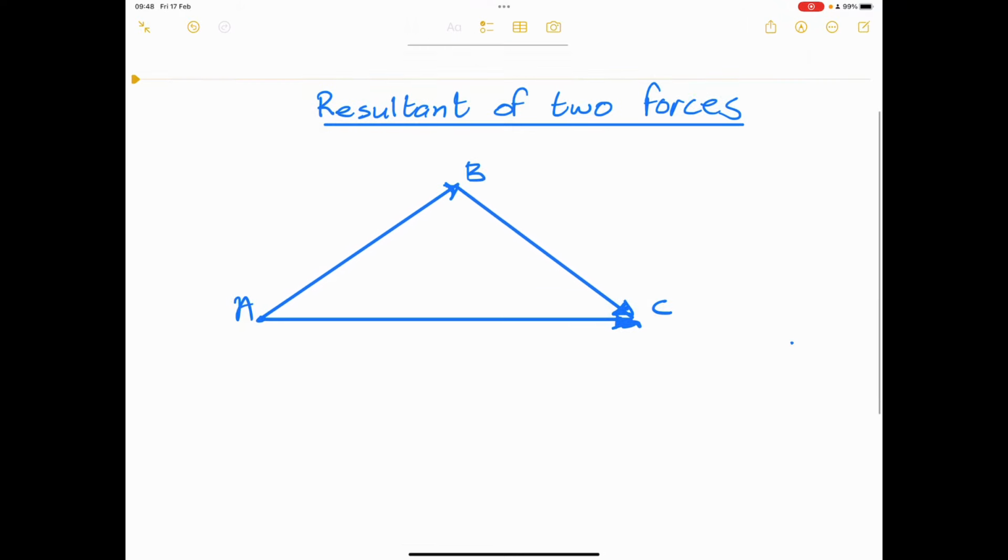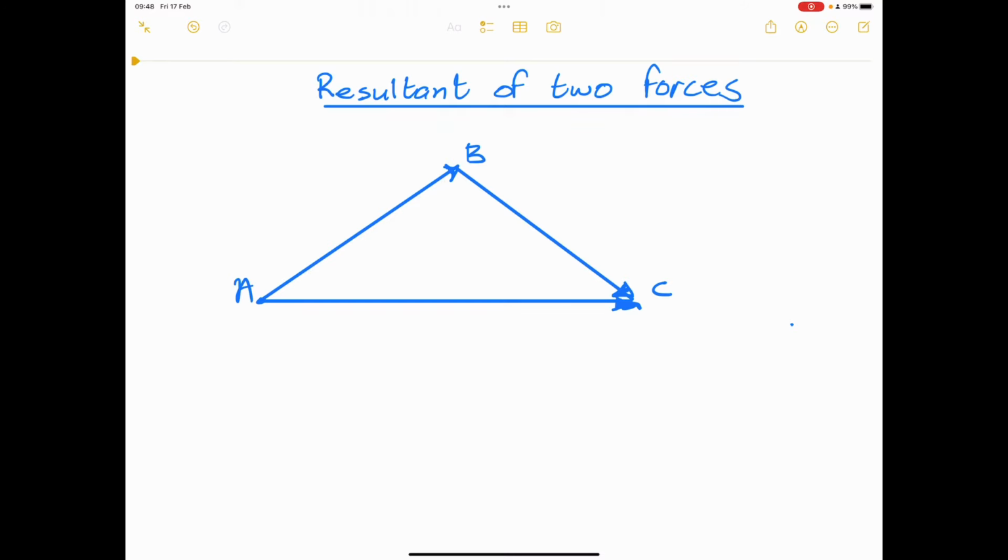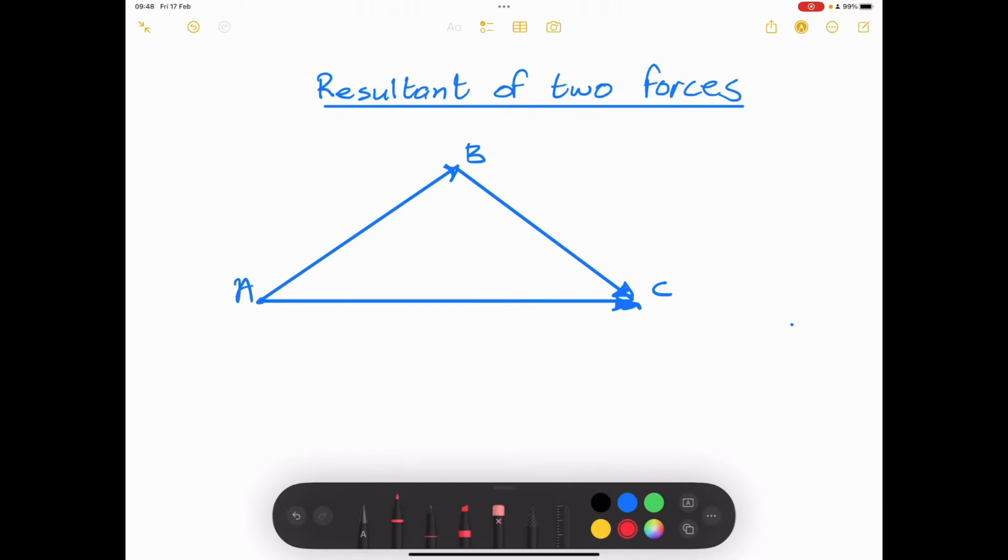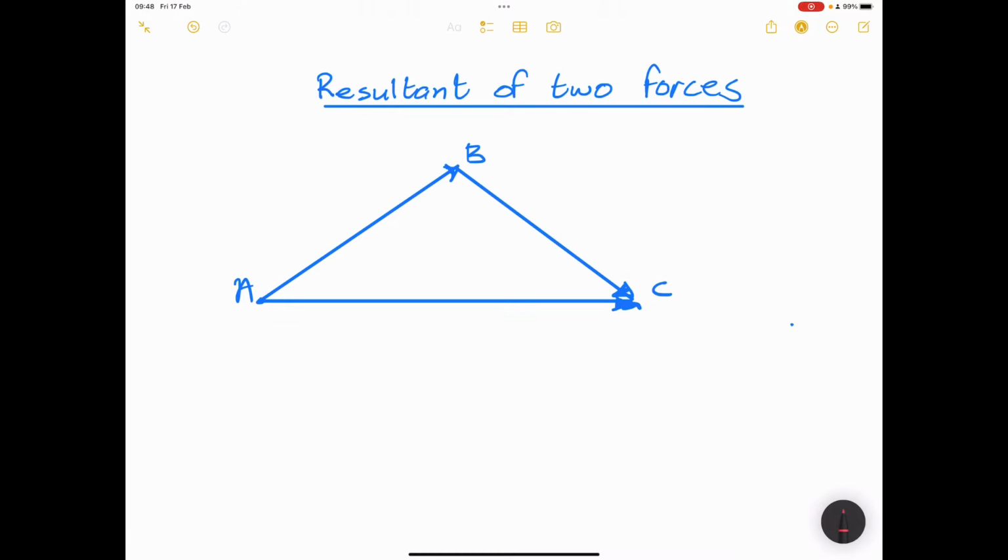What we normally do, ladies and gents, and I want you to please note this mathematically: let's give vector AB another name. Let's say it's forces, and let's call that force F1. And let's call vector BC force F2.